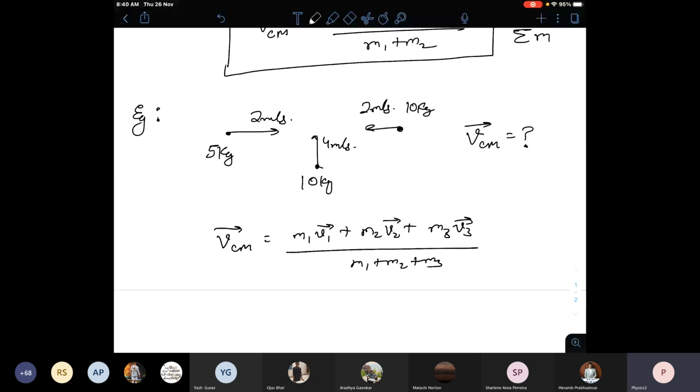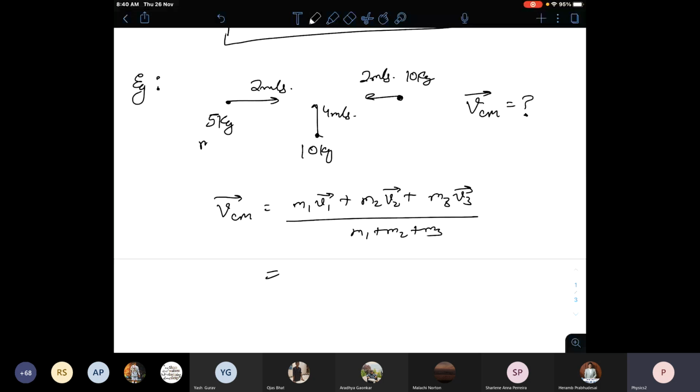Let this be m1, this be m2, this be m3, and the velocities v1, v2 and v3. First, m1 is 5, and v1 is 2 i cap.